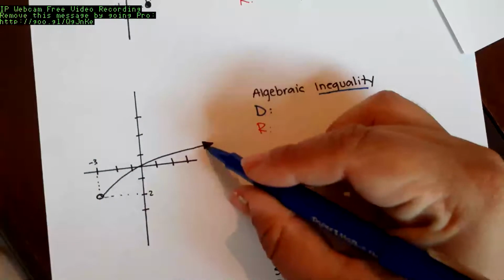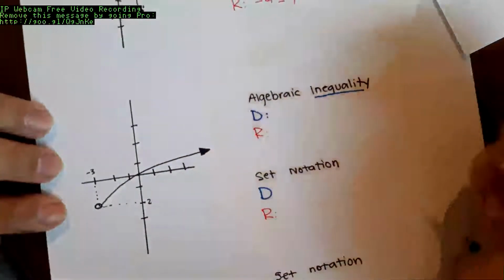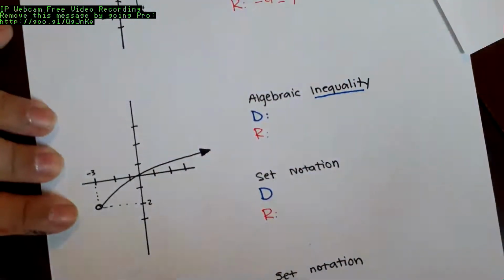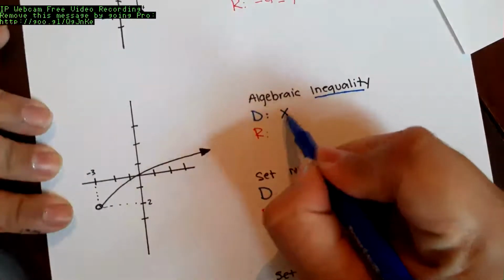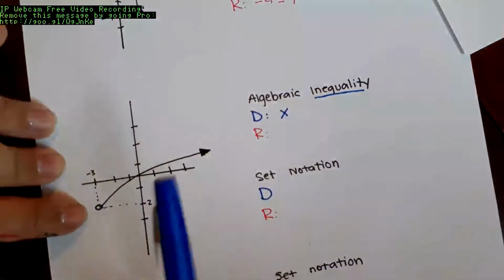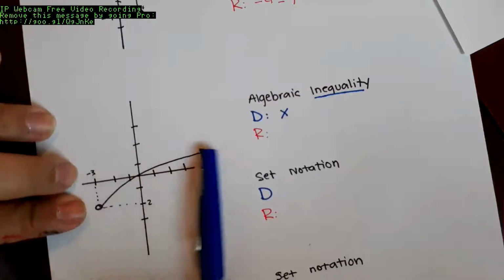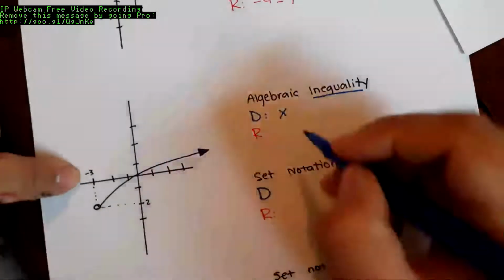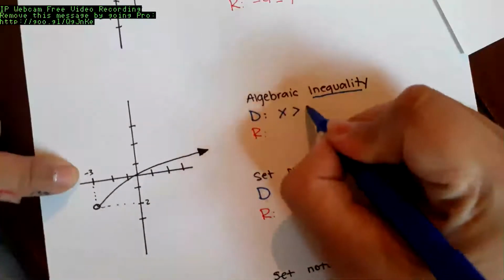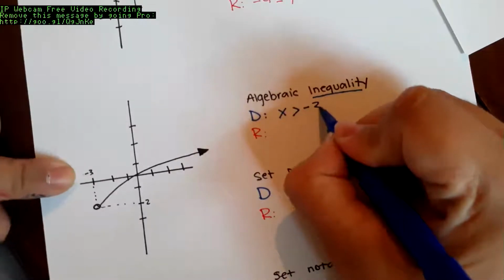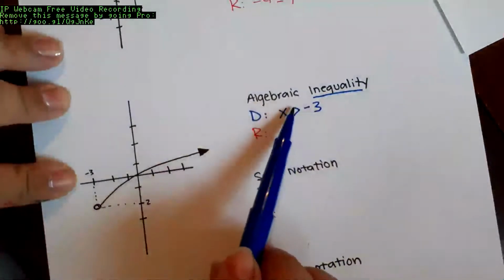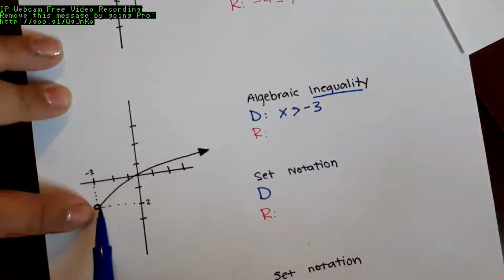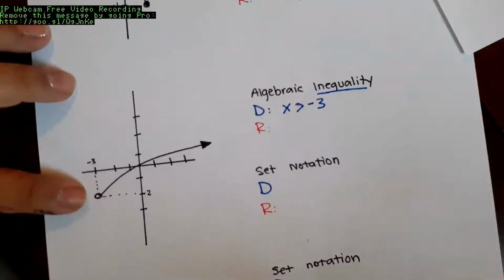Because this arrow on our graph tells us it goes forever. So in that case, I'm going to write that for my domain, my x values will be greater than -3. So x is greater than -3. And just to make sure it's greater than, I have an open circle, so it checks out.